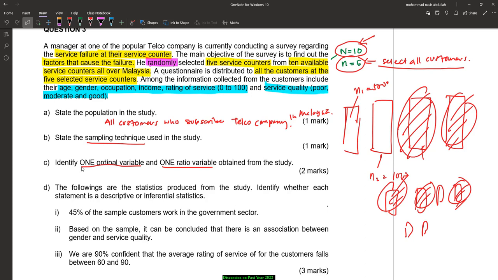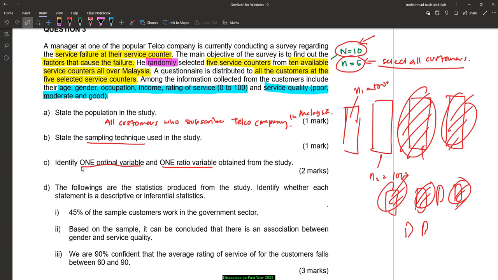Saya rasa categorical ni adalah qualitative variable lah. Service quality dengan rating of service. No, I'm asking you nominal, ordinal, interval or ratio. Which one is a categorical variable? Which one lies under qualitative variable? Qualitative, ordinal variable. Kalau quantitative, interval dengan ratio. Yes, correct.